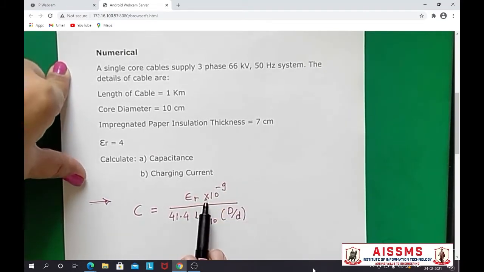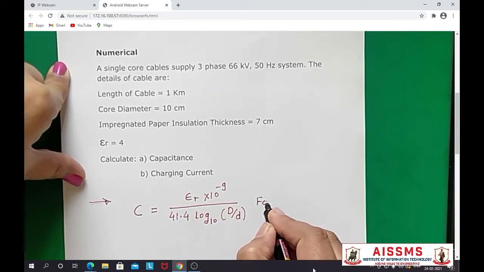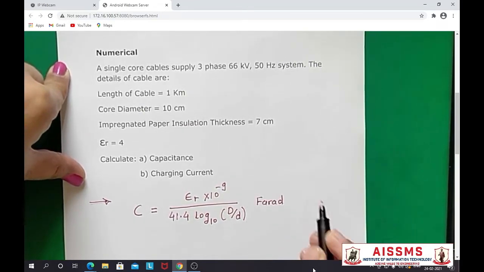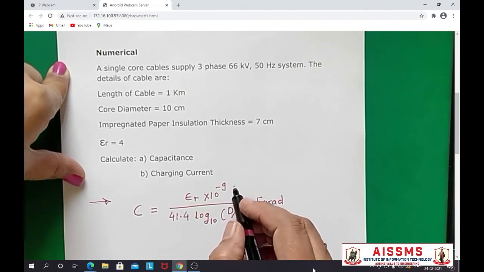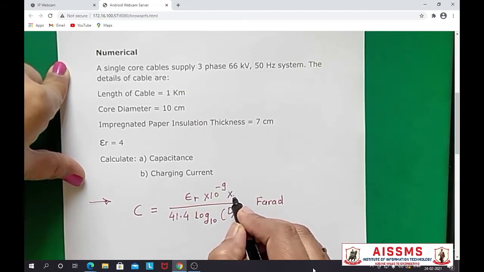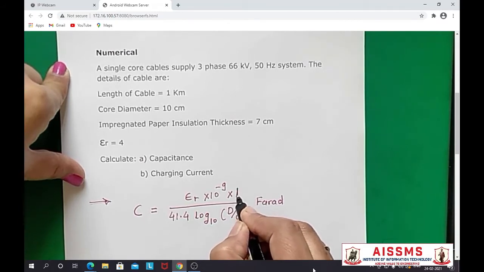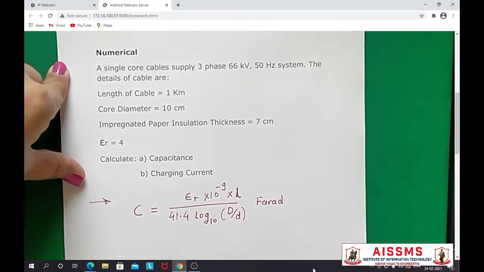So with this formula or equation we can find out capacitance per meter length of a cable. If we have to find out capacitance for the entire length of a cable, then we need to multiply this equation by the total length of the cable.